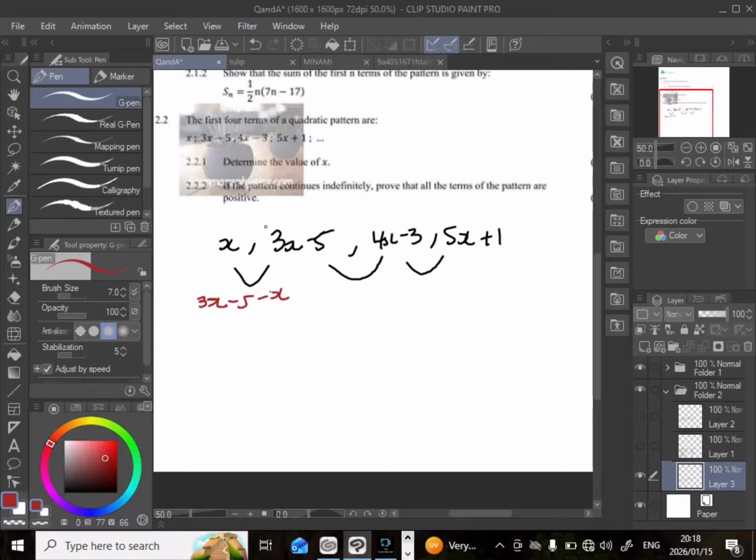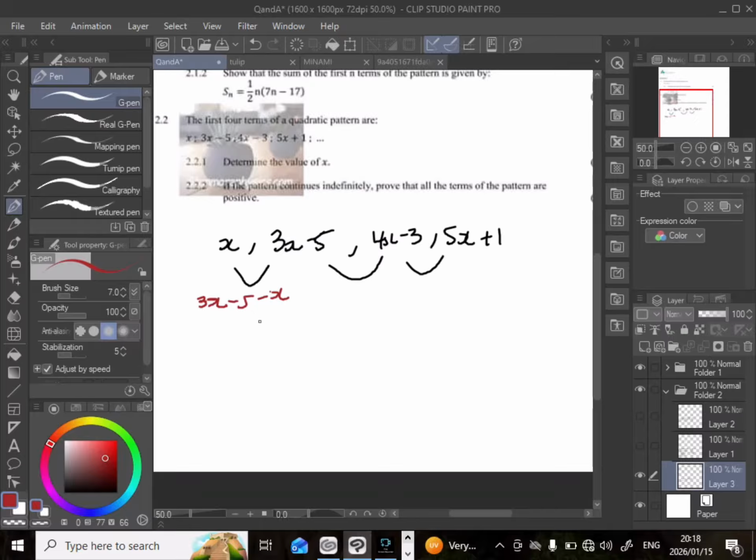Remember that. So for us to find the first difference, we are just going to take this minus this and this minus this. This is just me showing you how we find the other term.